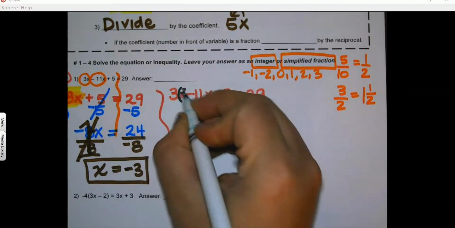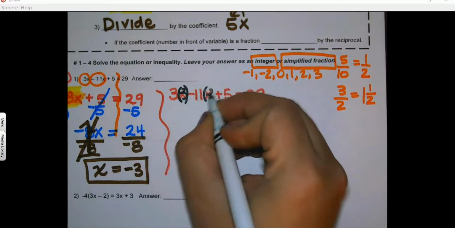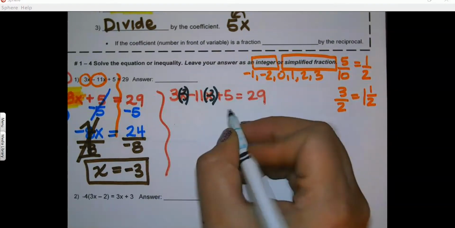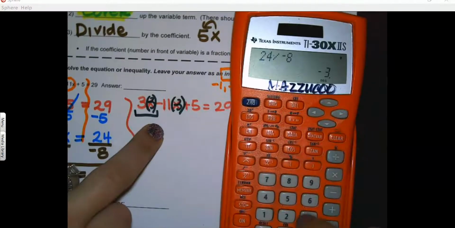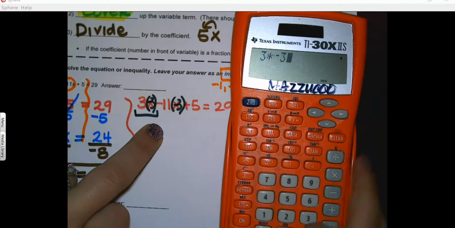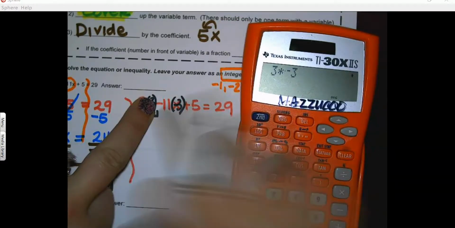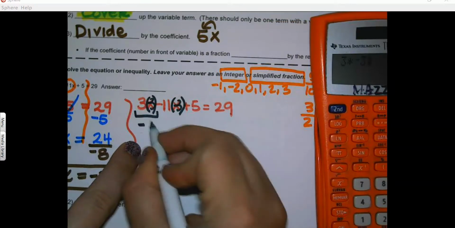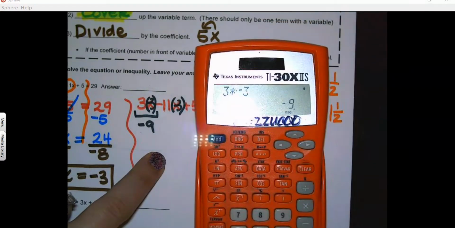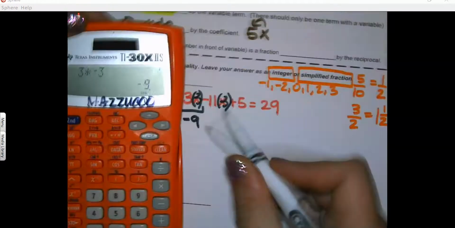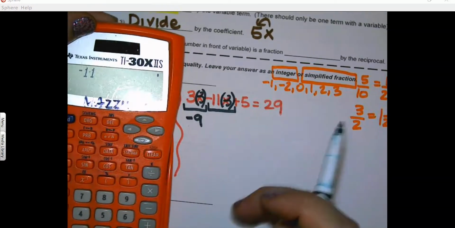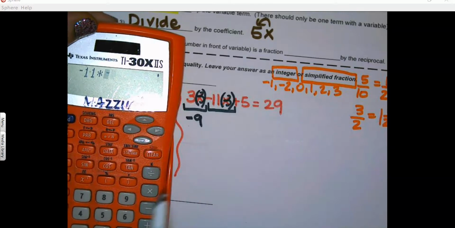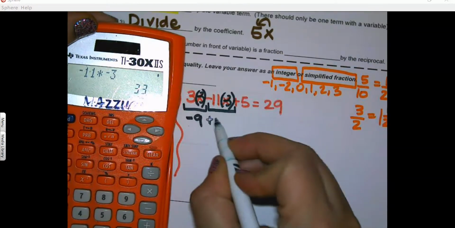So I can plug in for x a -3, and then I use my order of operations. So I'm going to multiply here, 3 times -3, and that's -9. And then here I have more multiplication, so -11 times -3, that's +33.